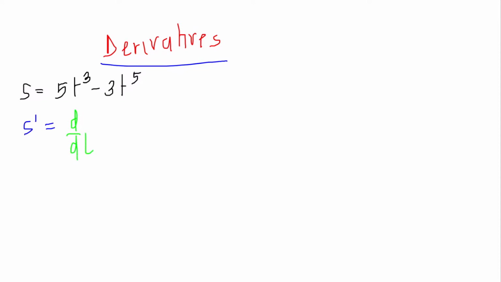Remember, you have to differentiate with respect to t because your variable here is t. So it's going to be d over dt of 5t cubed minus the derivative d over dt of 3t to the power 5.